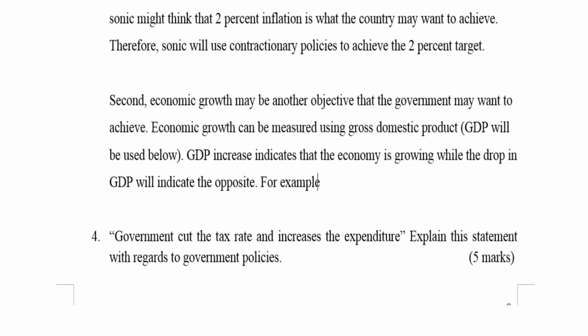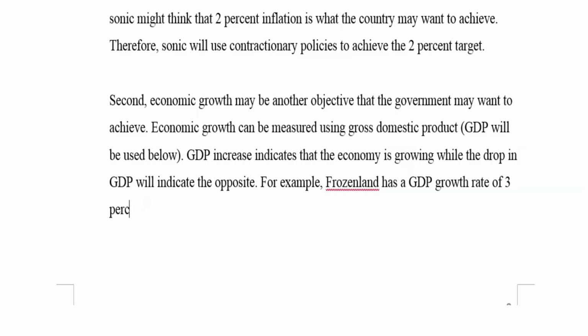For example, Frozen Land has a GDP growth rate of 3% this year. This means the country is growing.